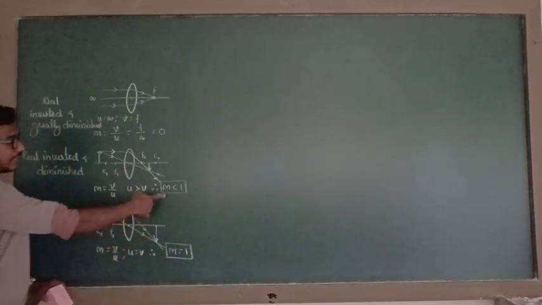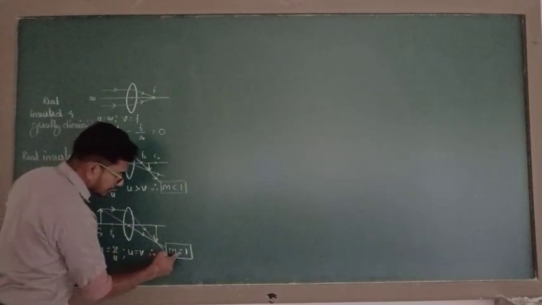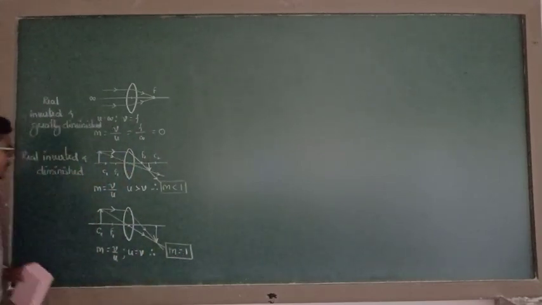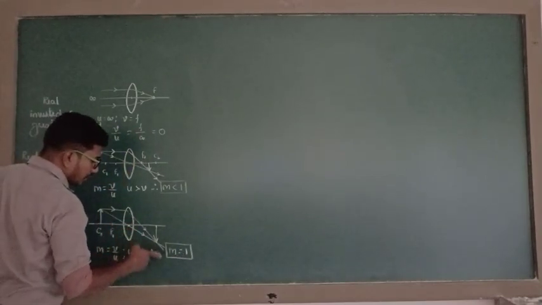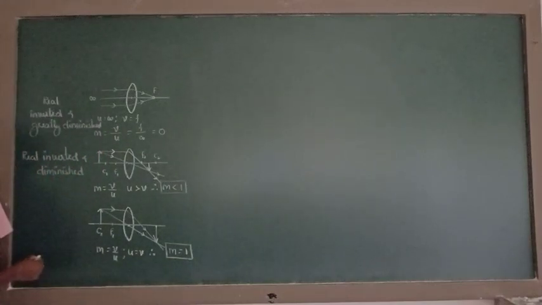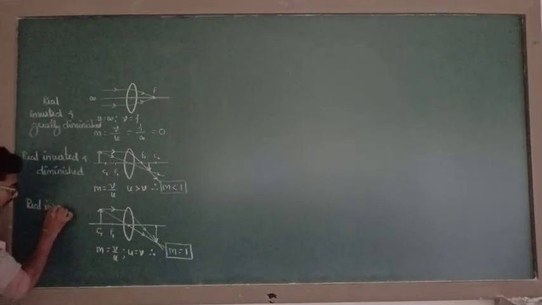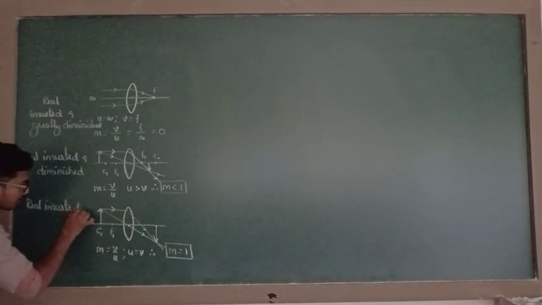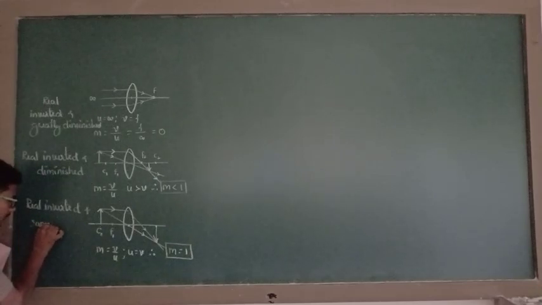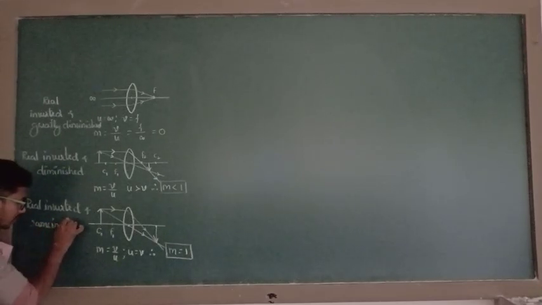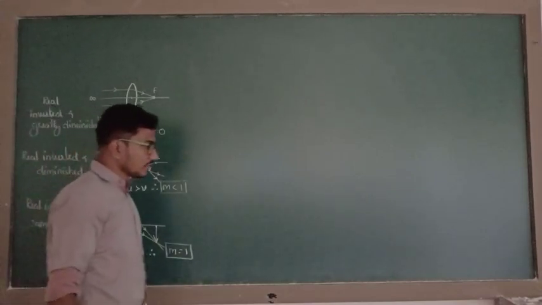So M is less than 1, diminished image; M is equal to 1, same size. Again this image is due to a convergent beam of light. The nature of the image: real, inverted and same in size. So your linear magnification is equal to 1.